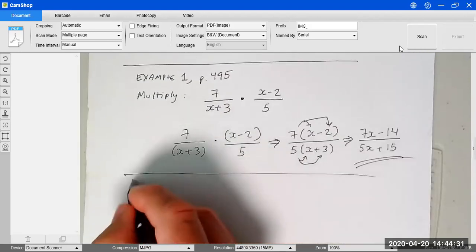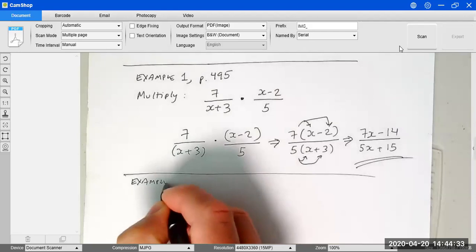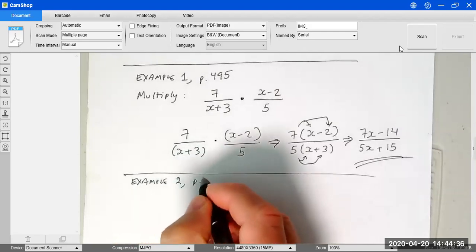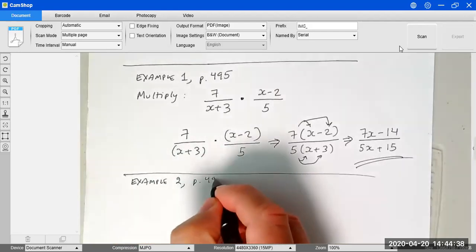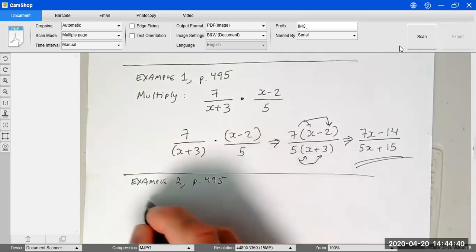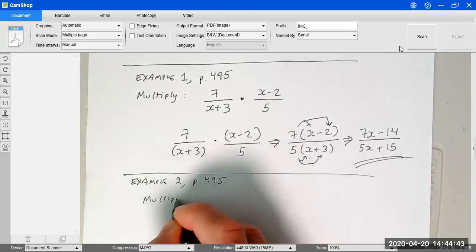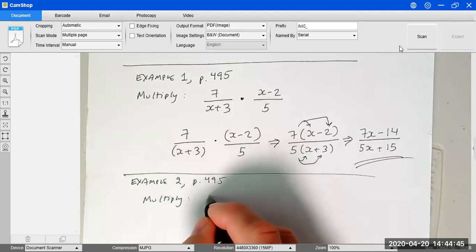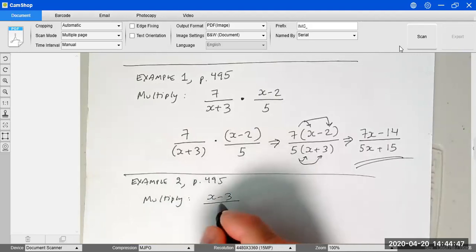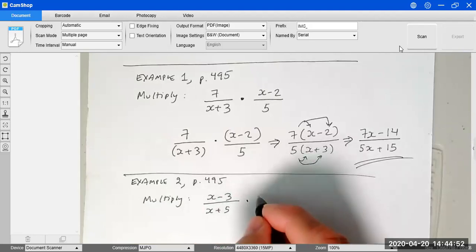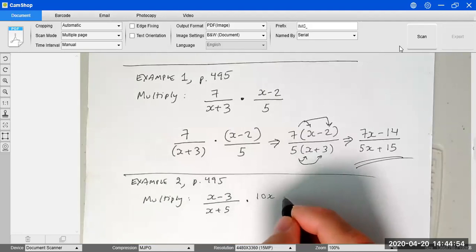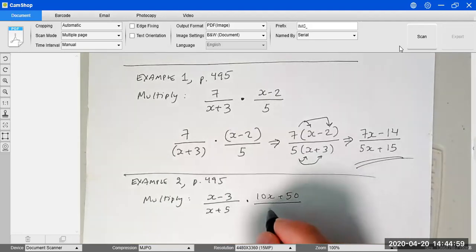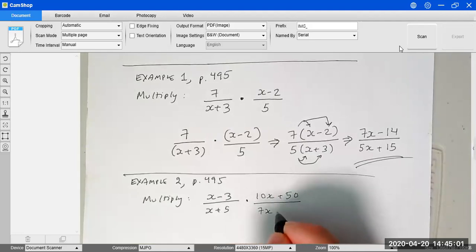So we have example 2, that is on page 495. So we're going to multiply (x minus 3) over (x plus 5), and we're going to multiply this by (10x plus 50) over (7x minus 21).